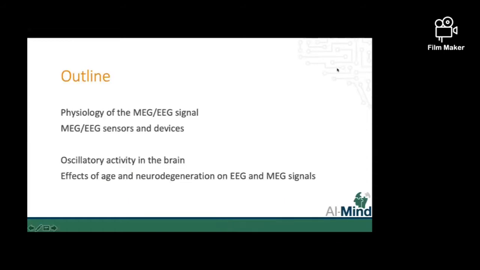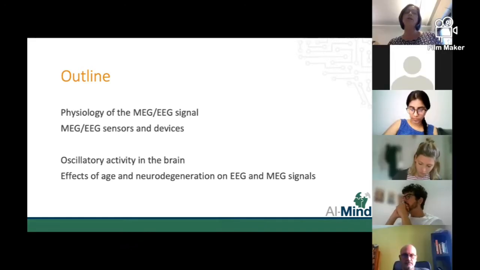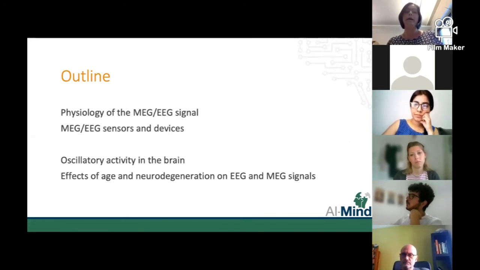So I will talk first about the basis of the MEG-EEG signals, how they arise, the neurophysiology underlying these signals, and also a bit about how we can measure these signals. What kind of devices do we need to measure it?